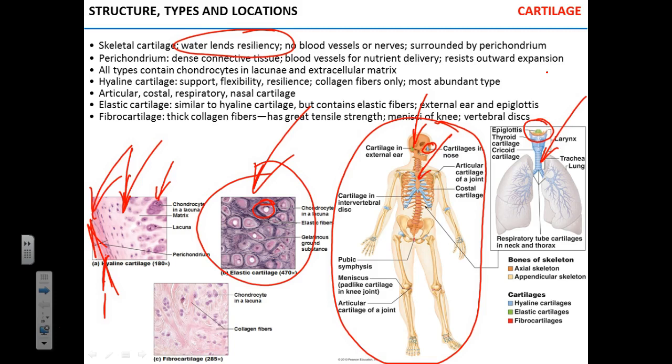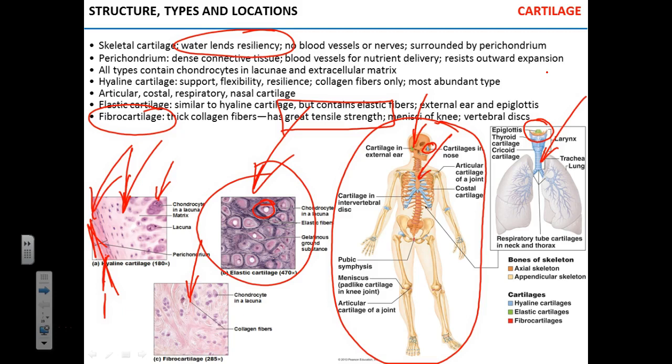The third type of cartilage is fibrocartilage. It contains a lot of thick collagen fibers, which determines its strength and resilience. Fibrocartilage can be found in places in the human body which experience great pressure forces.